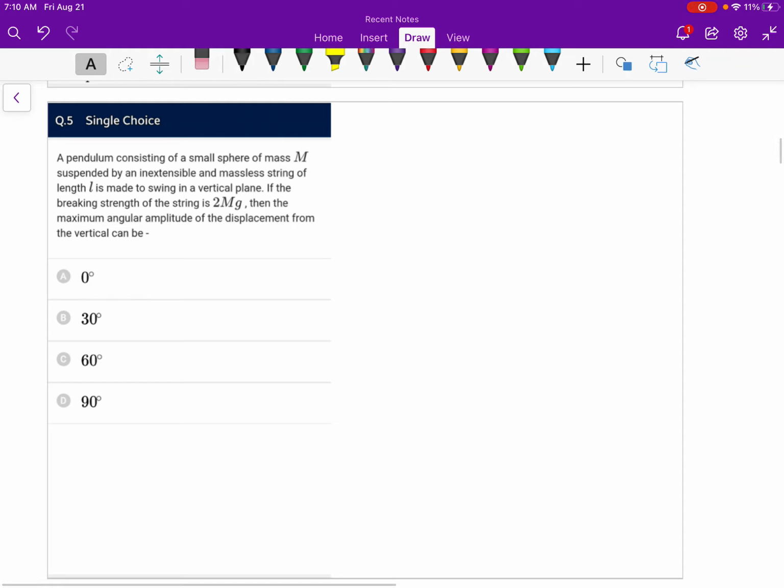A pendulum consisting of a small sphere of mass m suspended by an inextensible and massless string of length L. If the breaking strength is twice of weight, then the maximum angular amplitude of the displacement from vertical. So tension will be maximum at the lowest point. So let's say angular amplitude is theta naught.